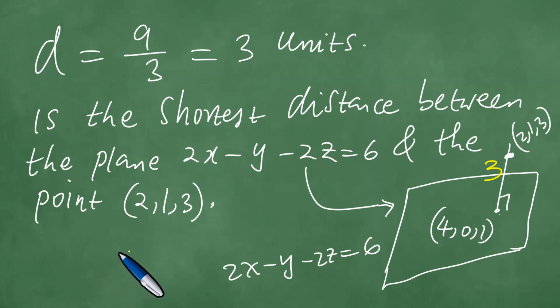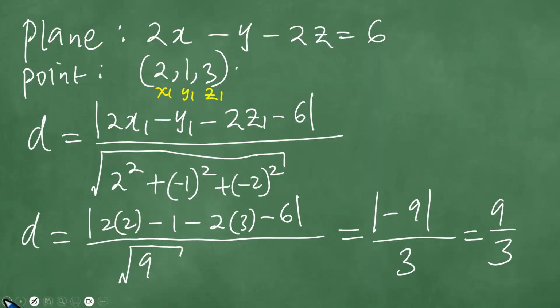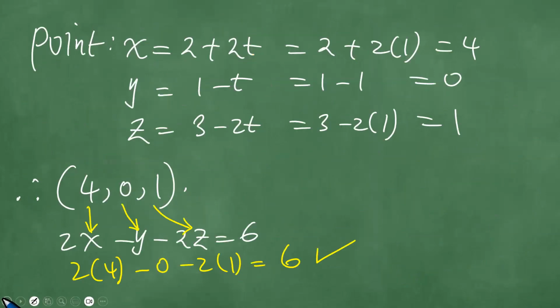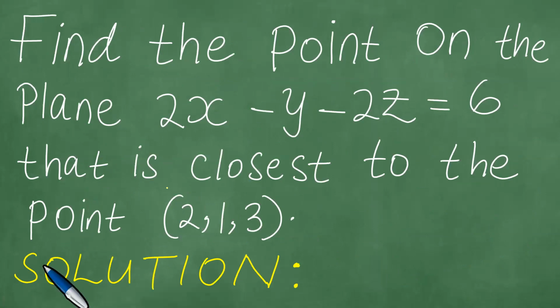And so we've answered this question in full, the question that wanted us to find the point on the plane 2x minus y minus 2z equals 6 that is closest to the point.